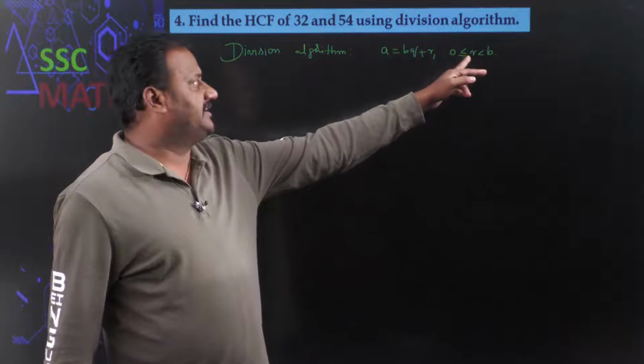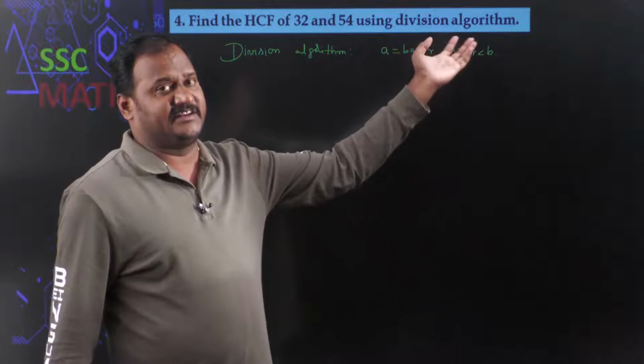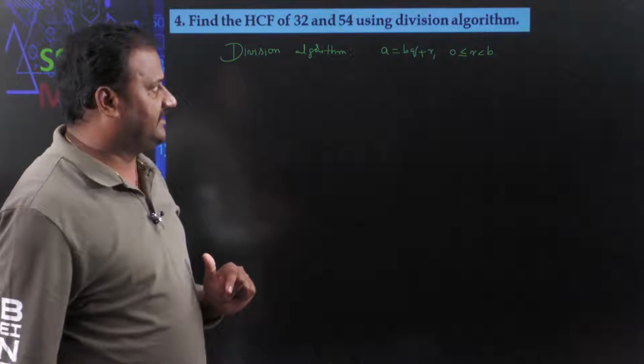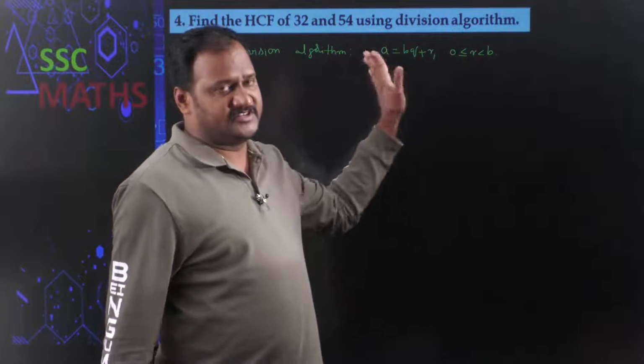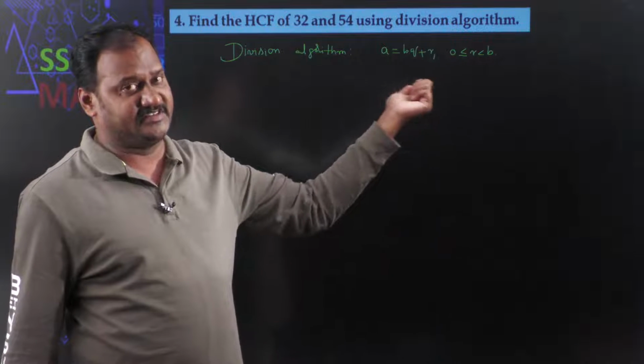So the value of the remainder always lies between 0 and the divisor. It can be 0 but it cannot be the divisor, that's why less than the divisor. This is the division rule or division algorithm or division lemma also.